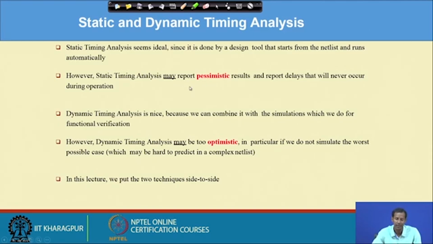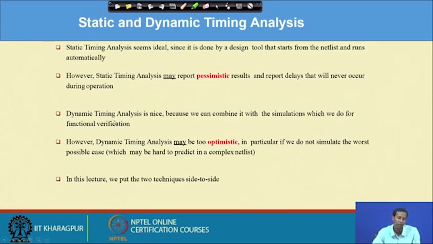That is why it says the report may be pessimistic. But in dynamic timing analysis, why do we do it? Basically to check what the timing requirement will be whenever we test it in the real-time environment.